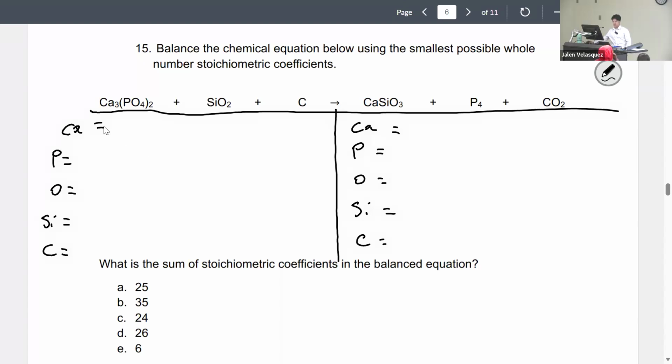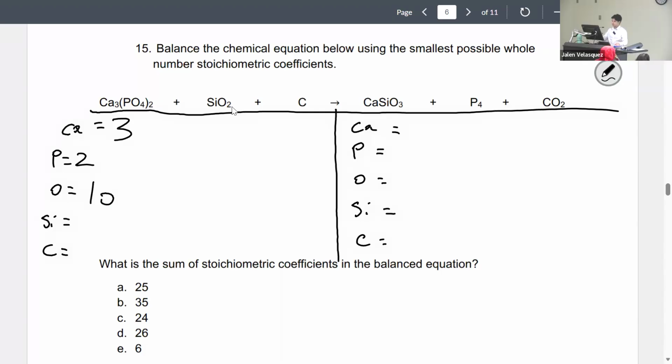How many calciums do we have? How many P's do we have? 2. How many O's? 10. Right, we have 8 here, 4 times 2 plus 2 more, 10.